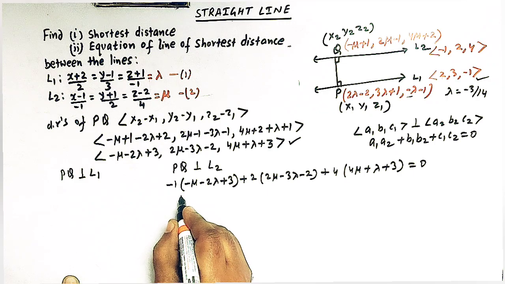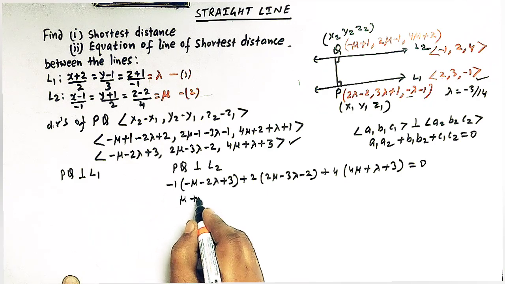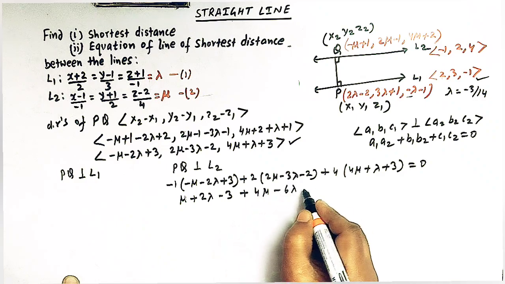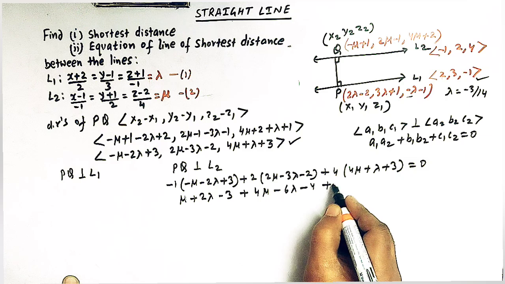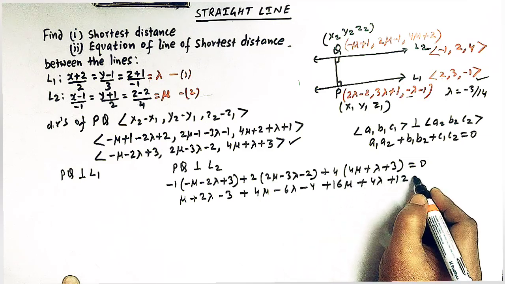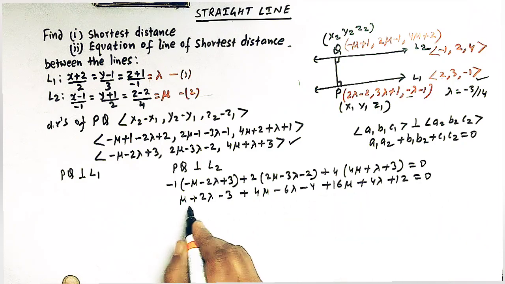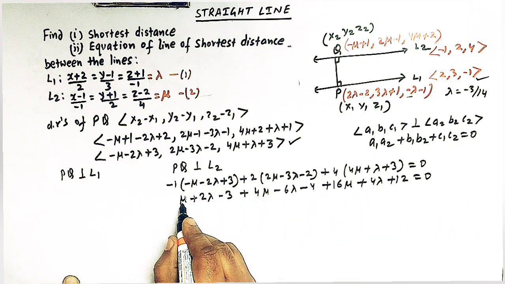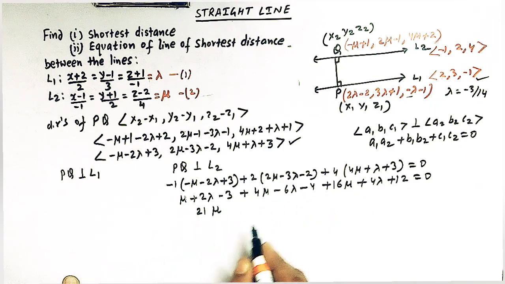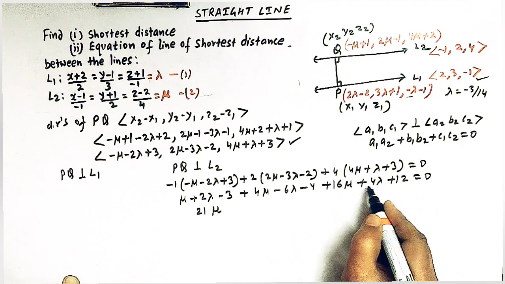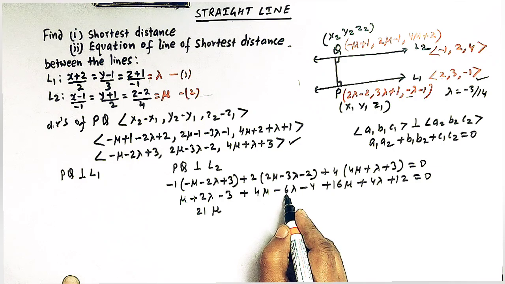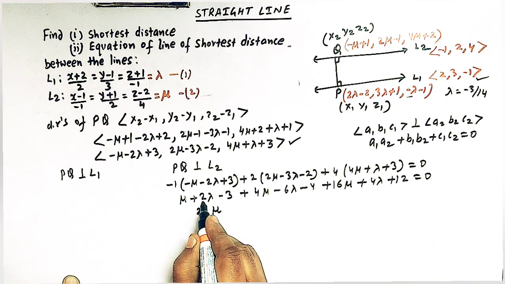Let us simplify. We have plus mu plus 2 lambda minus 3, then we have 4 mu minus 6 lambda minus 4, then we have 16 mu, then we have 4 lambda plus 12, right? So now this is 4 mu plus mu is 5 mu, then we have 16 mu, that is 21 mu, right? And then here we have minus 6 lambda and 4 lambda, that is minus 2 lambda, and here we have plus 2 lambda.